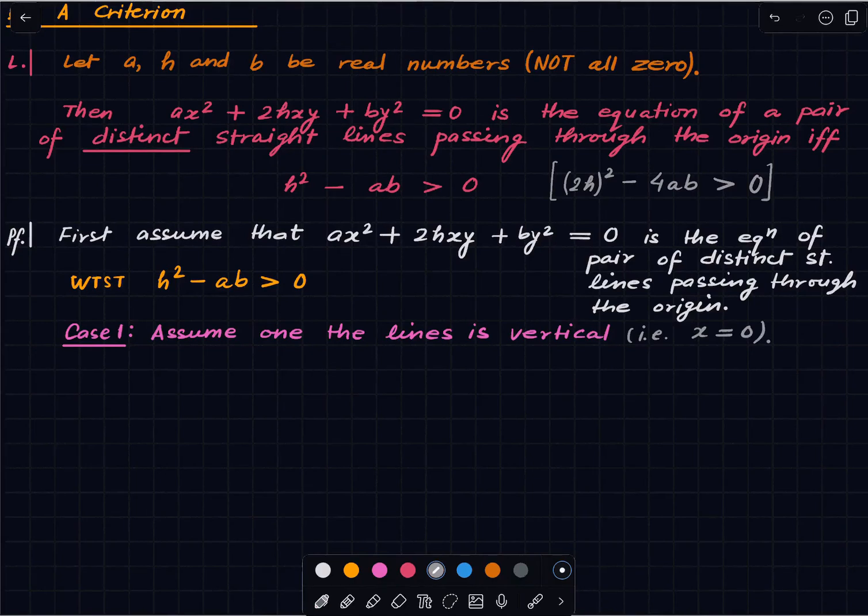Okay, so before we proceed, let's call this expression f of x comma y.